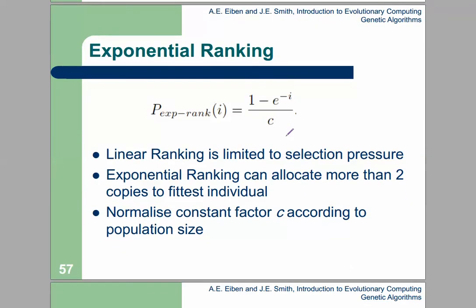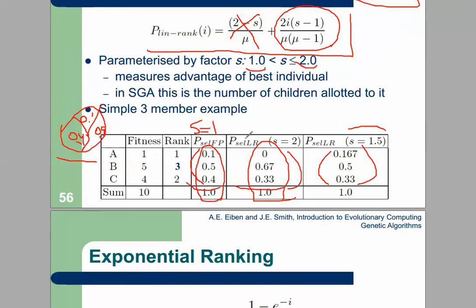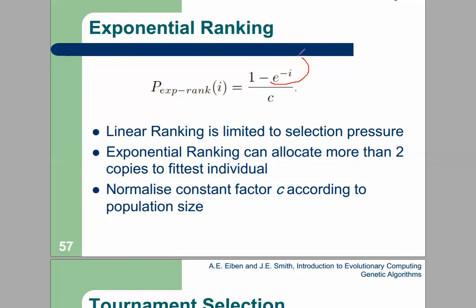Another ranking selection is exponential. In the exponential ranking, we don't use a linear formula. You use an exponential formula, and it has some factors such as c.